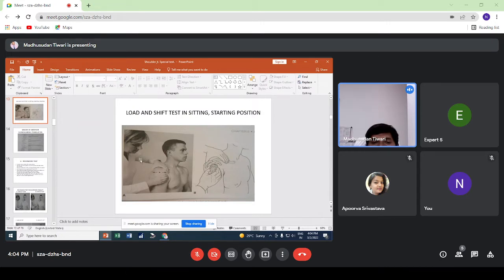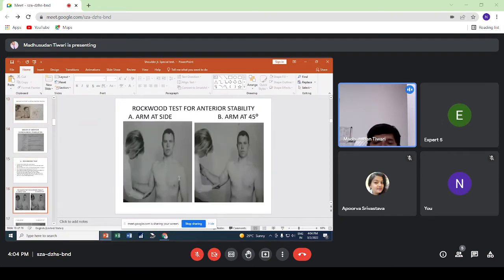The therapist will stand posteriorly, and with one hand, the therapist will stabilize the clavicle and the scapula. The other hand will grasp the head of the humerus and push it posteriorly.